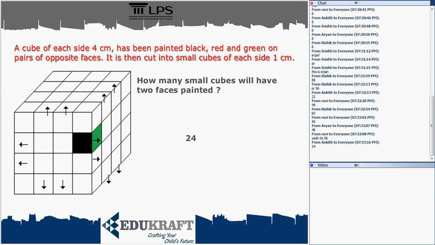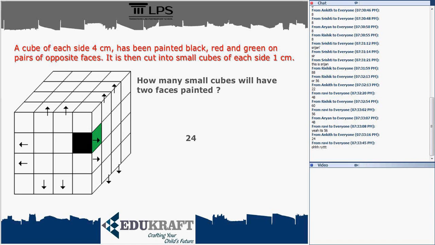And I have just one correct answer coming in from Aniket. Good. The answer is 12.